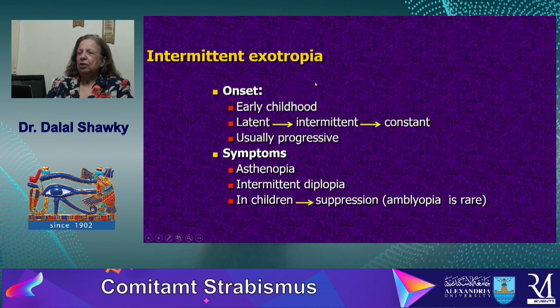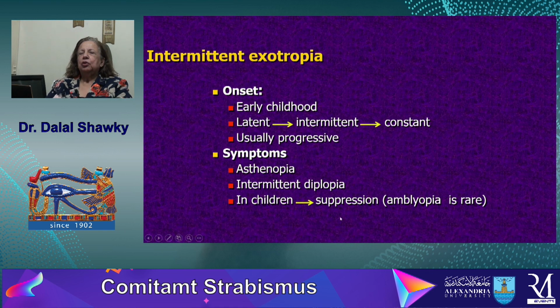So intermittent exotropia starts in early childhood by being latent, like this patient we have seen. It is exophoria, then intermittent, and then becomes constant in older age. So it is usually progressive. The symptoms include asthenopia or eye strain, intermittent diplopia when the eye is deviating, and in children suppression can occur, but amblyopia is rare.